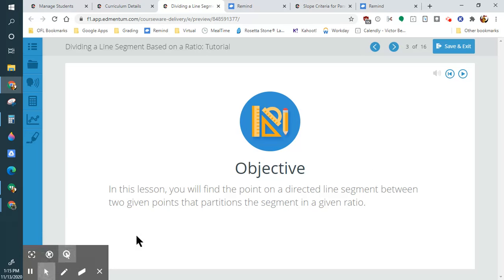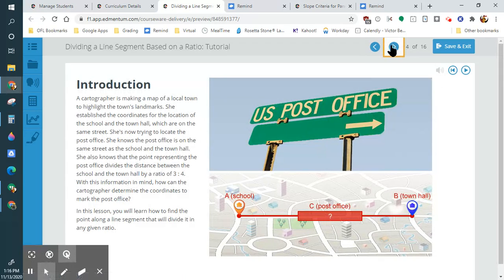So let's get into this. All right. So the introduction. So let's say this cartographer, this person making this map, is like, oh, we need to find where this post office is, and it's three to four.